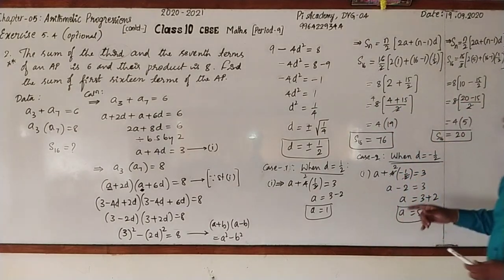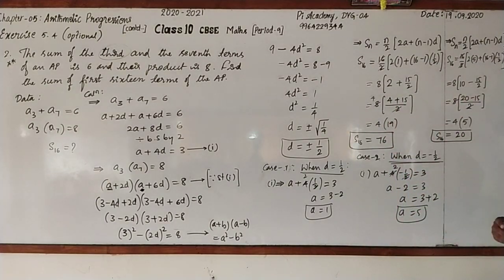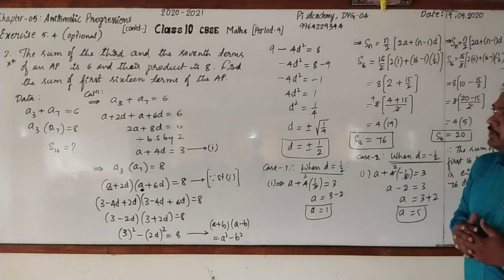Either it will be 76 or it will be 20. Clear? Conclusion. Therefore, the sum of first 16 terms is either 76 or 20. Yes. Hope that you have understood this problem.